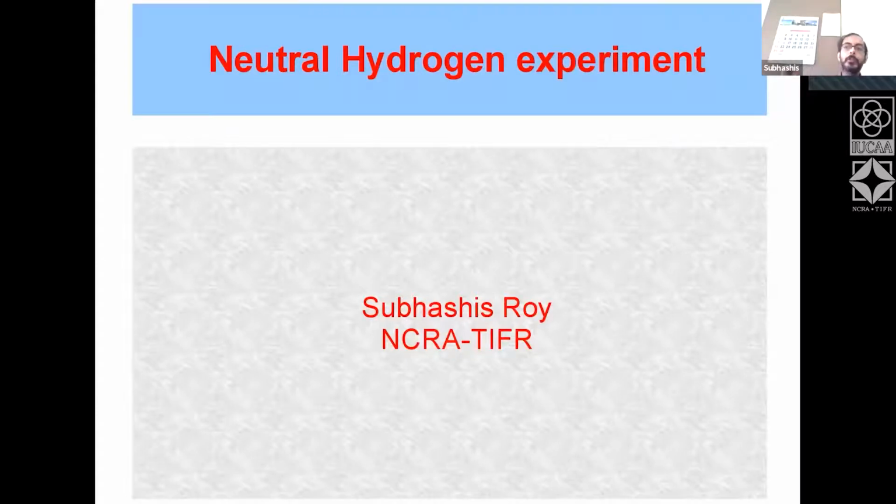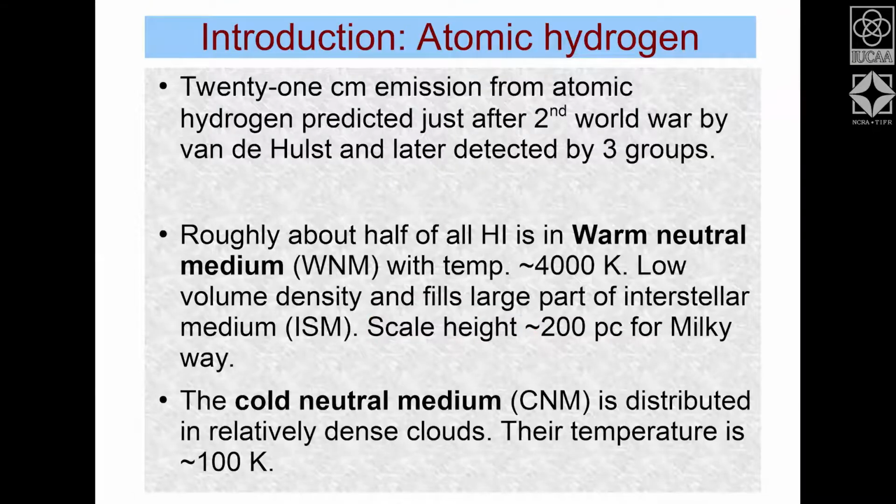So before I go into the actual experiment and the line shape and so on, I will first describe a little bit about the neutral hydrogen experiment. Before I go into 21 centimeter emission even, I hope that most of you, the participants, know what a line emission is.